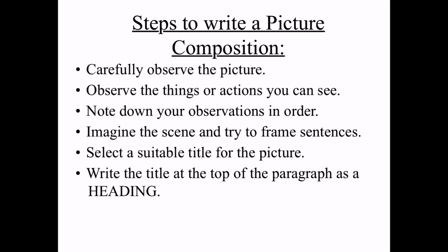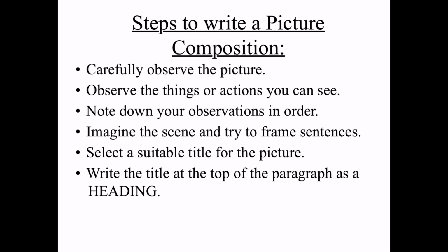Now children, let us see the steps to write a picture composition. First of all, carefully observe the picture. You have to observe the things or actions you can see there.